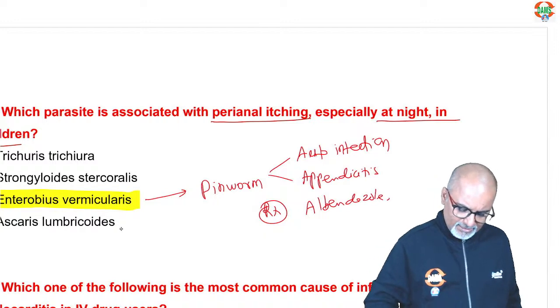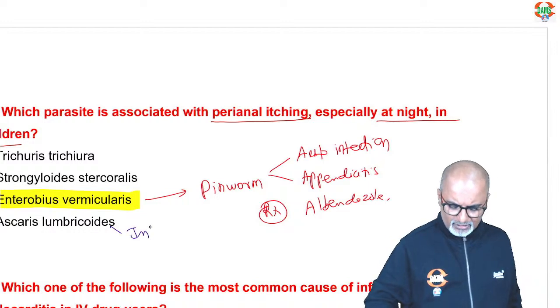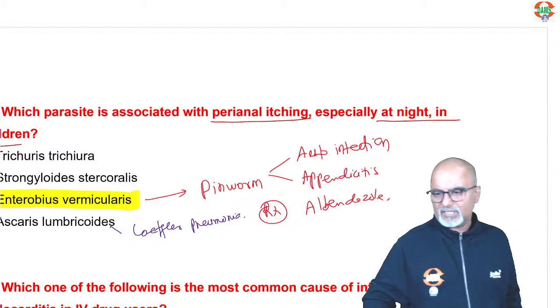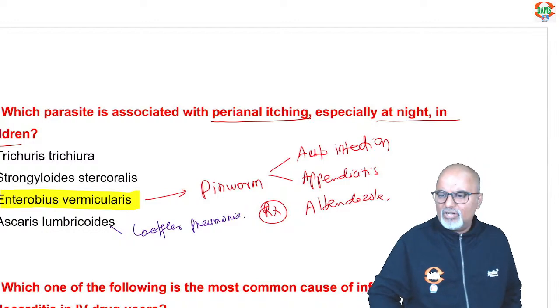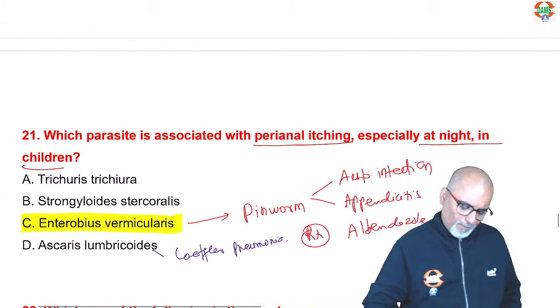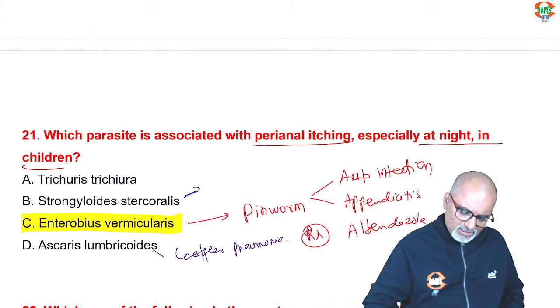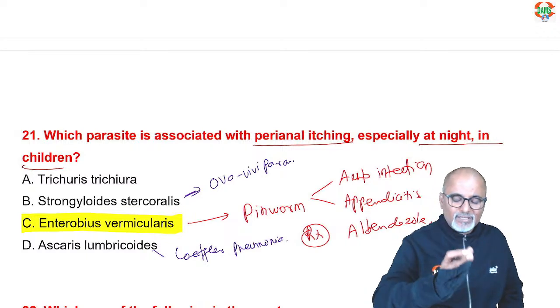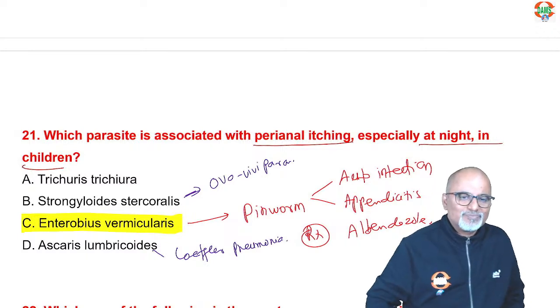Ascaris causes intestinal obstruction, Loeffler pneumonia. Strongyloides stercoralis is ovoviviparous, that means they lay the egg and it immediately becomes larva.